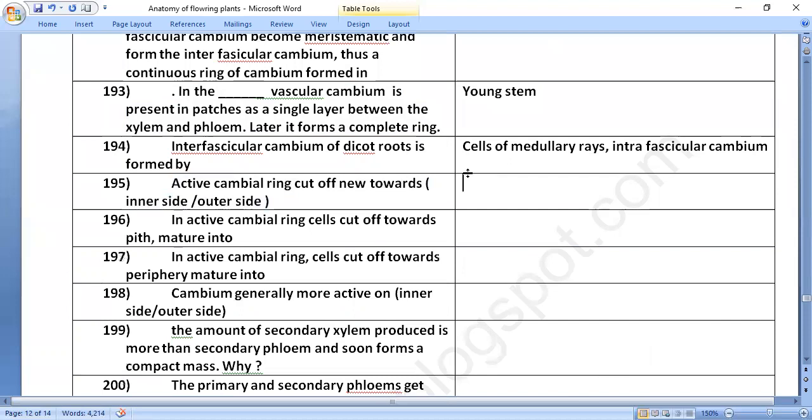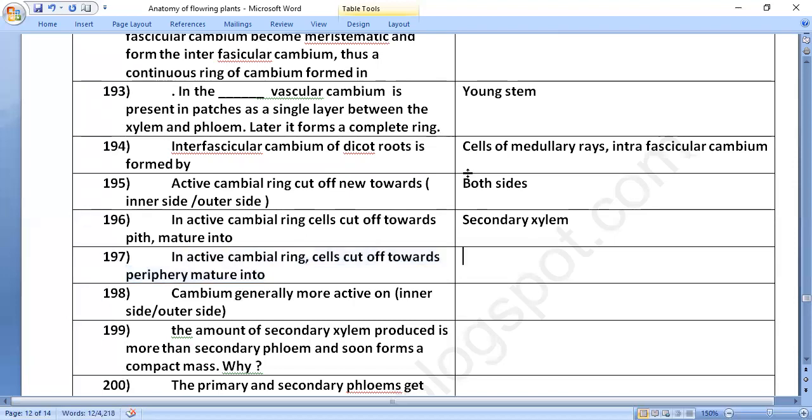The active cambial ring cuts off new cells towards the inner side and the outer side, both sides. Cells cut off towards the pith mature into secondary xylem.